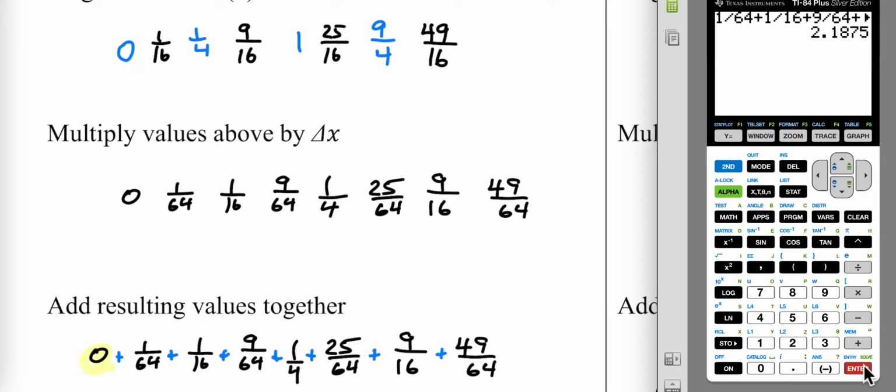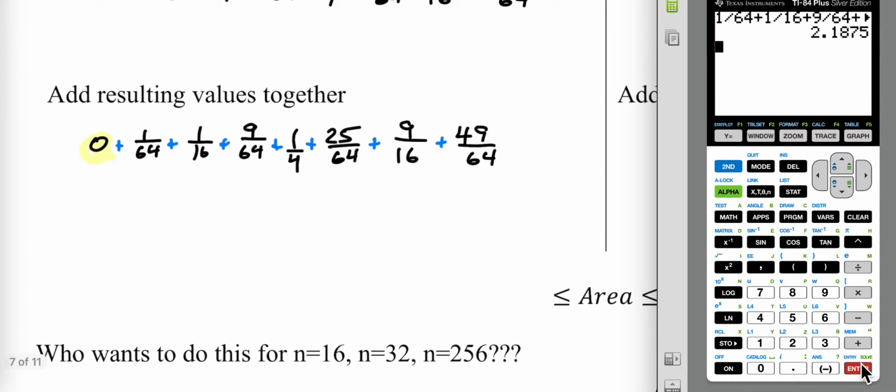So that's going to give us 2.1875. So 2.1875 on the low bound.